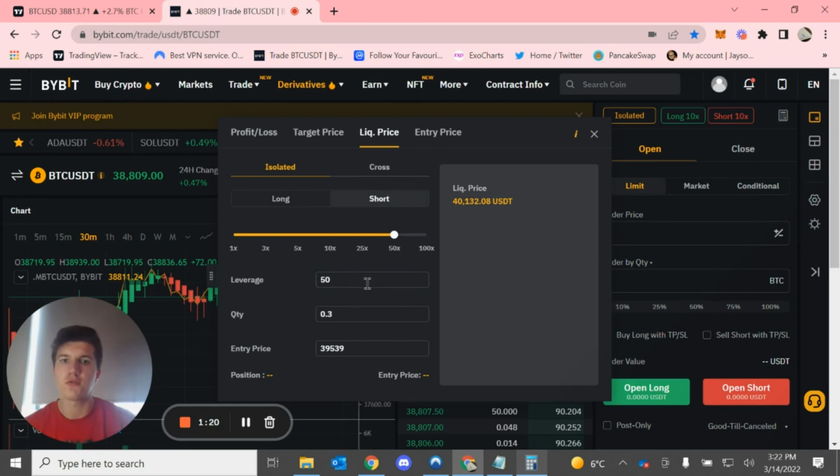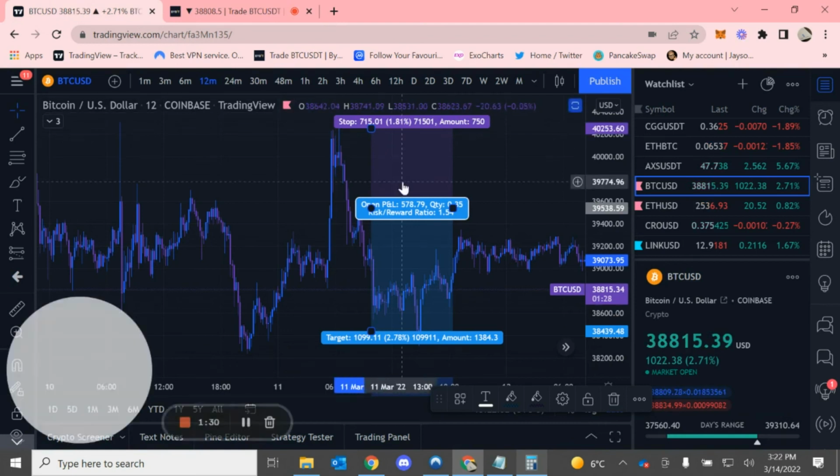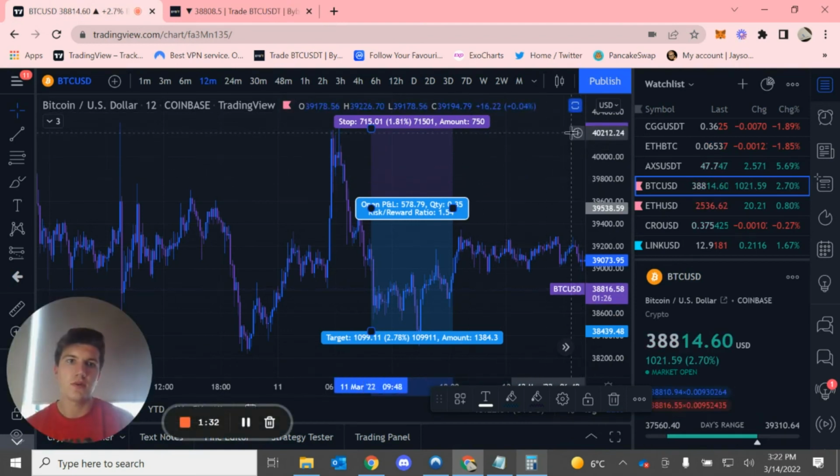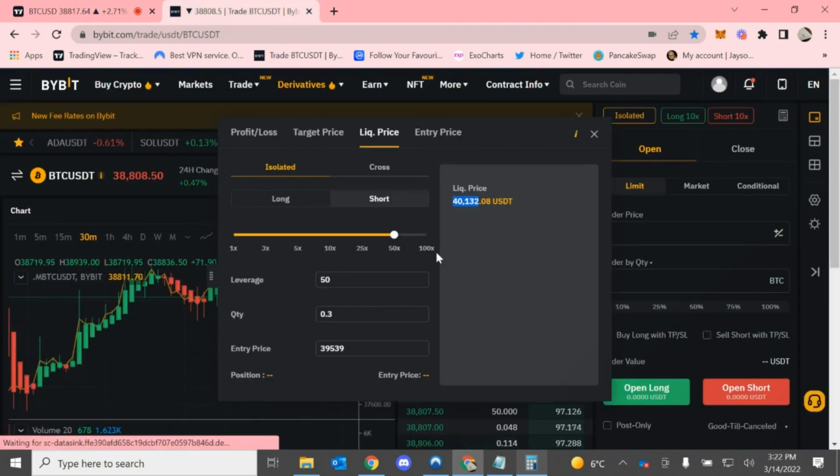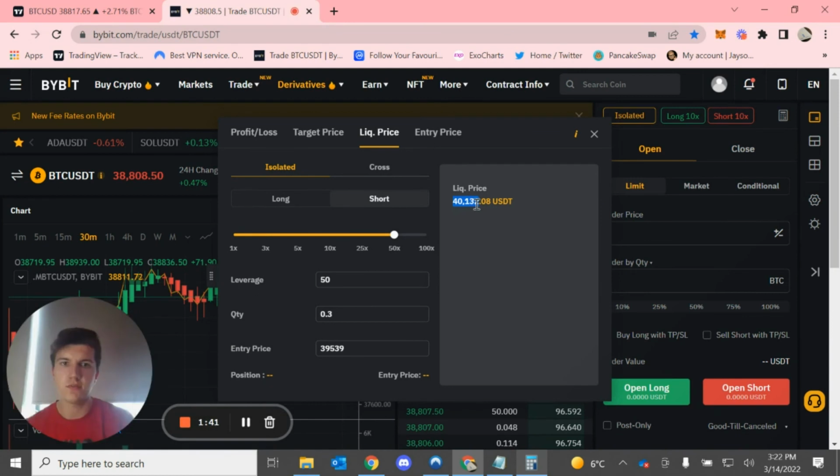And we're going to go short. And so we're going to double check to see if this is greater than, in this case, since we're shorting, our stop loss. So our stop loss price is going to be 40,253. This is 40,132. So we need to lower down our leverage.